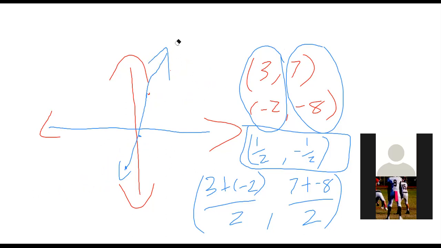So this point right there, that would be exactly the middle. And of course my graph is a little off, so it doesn't look like it, but that's the case.